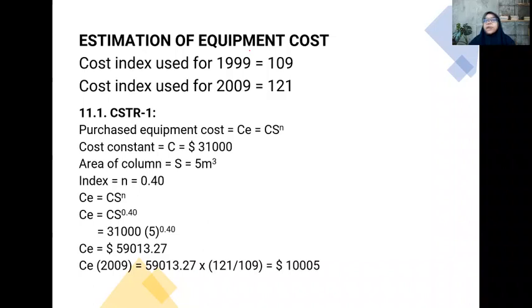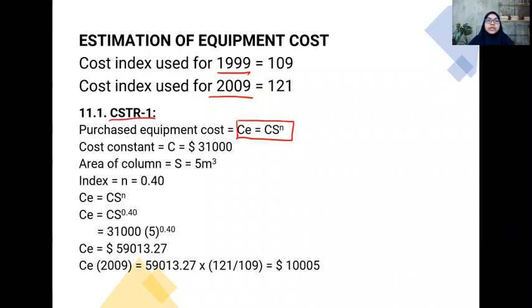The estimation of the total capital investment based on the cost index. Okay, the detail of the cost is based on 1999, and the project is in 2009. So how can we obtain the purchase cost in the year 2009? Okay, by using this scaling factor, we can get the cost of the equipment.